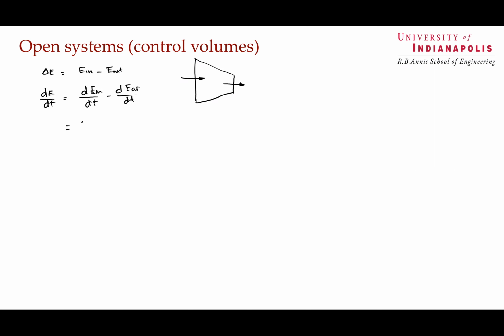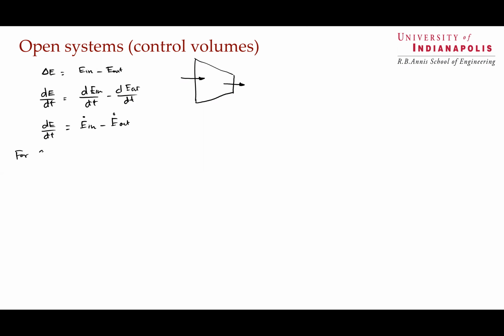So this can be written as E dot in, where the dot denotes the time derivative, minus E dot out. And we have dE over dt, the rate of change of energy.